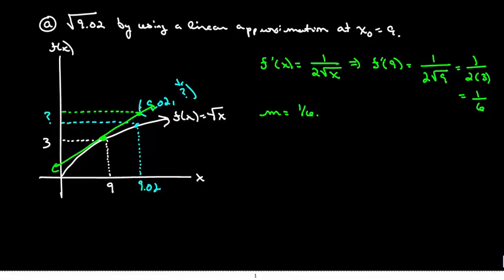Okay, now what we need to do is go over to 9.02. So to get over to 9.02 on the function here, this green length right here, that's dy. So dy is going to be equal to f prime at 9 times delta x.